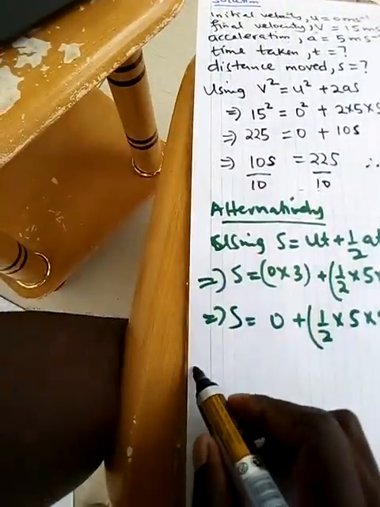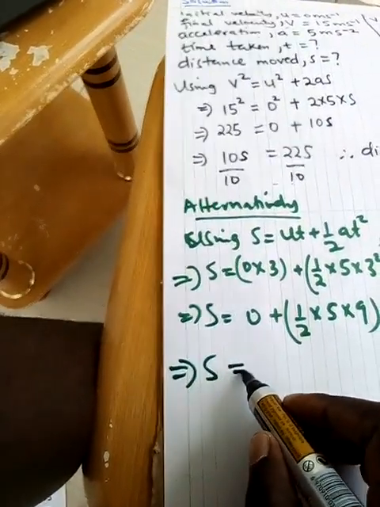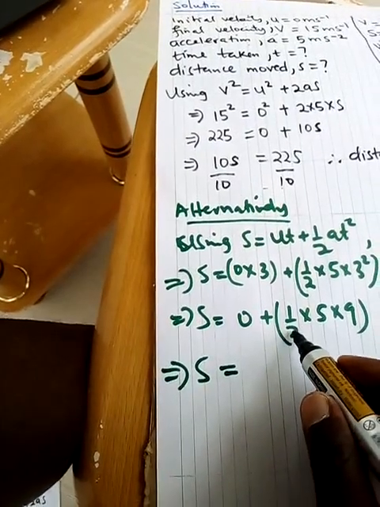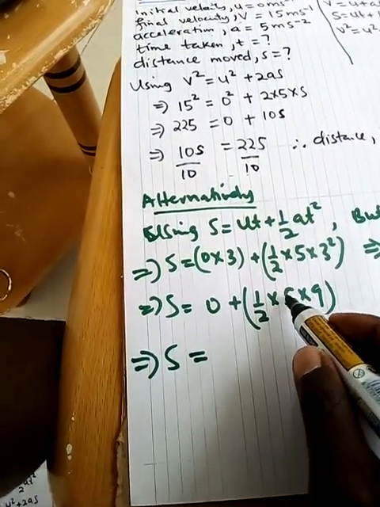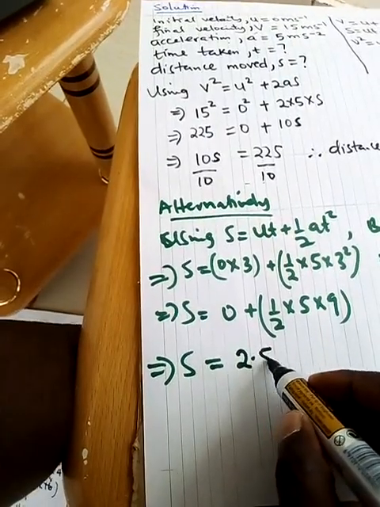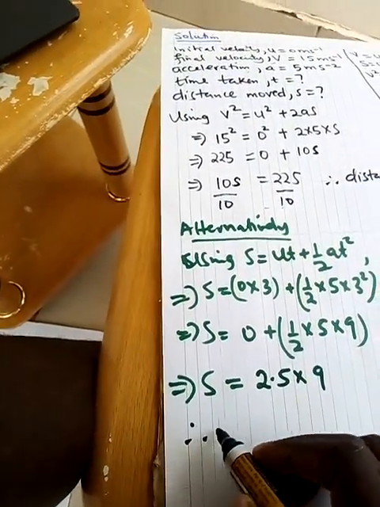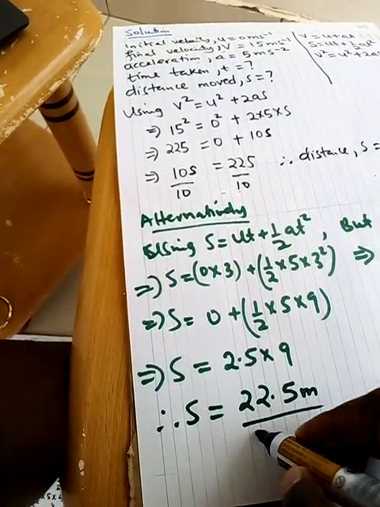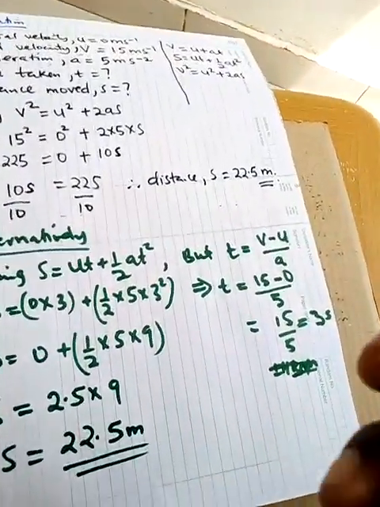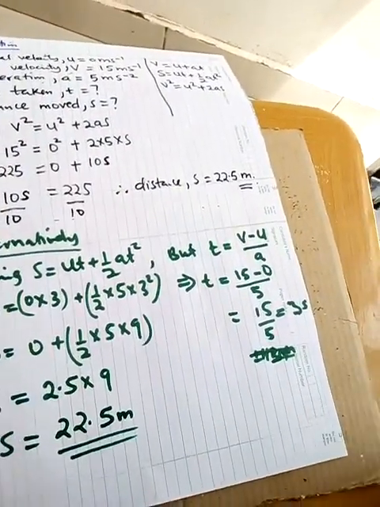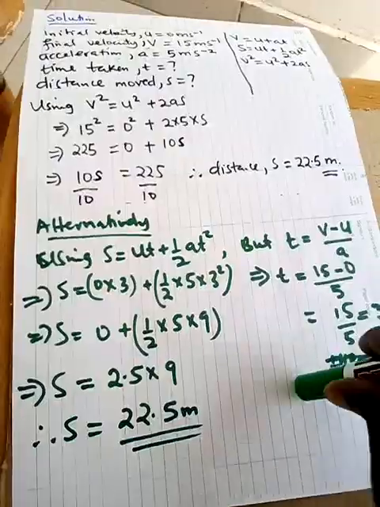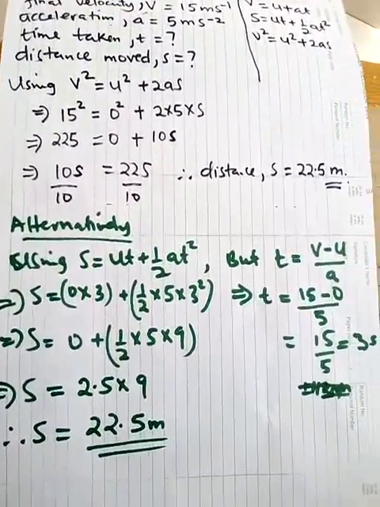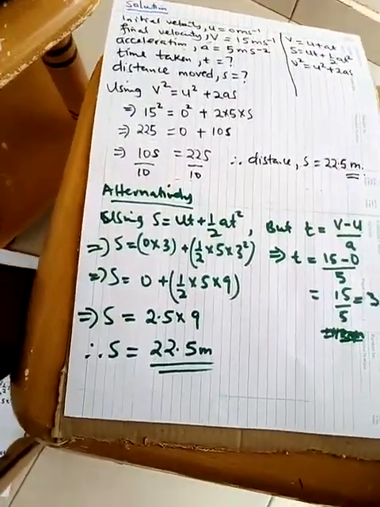So S is equal to, the 0 can be left out, and when you divide 5 by 2, you get 2.5. So we have 2.5 times 9, and eventually our distance becomes 22.5 meters. So that's how we can calculate the distance using the first method and then an alternative method. Of course, the alternative method is long, if you involve yourself in getting the time taken.